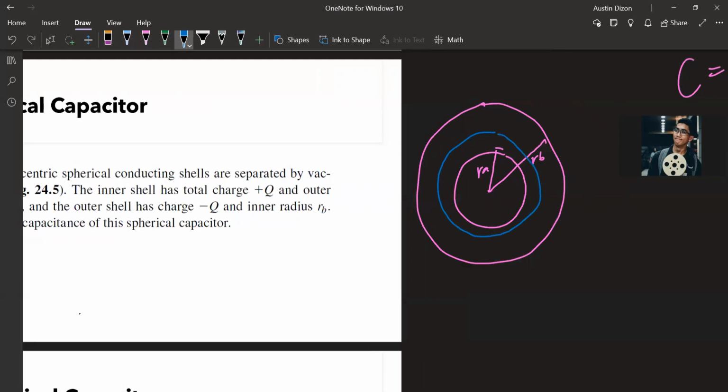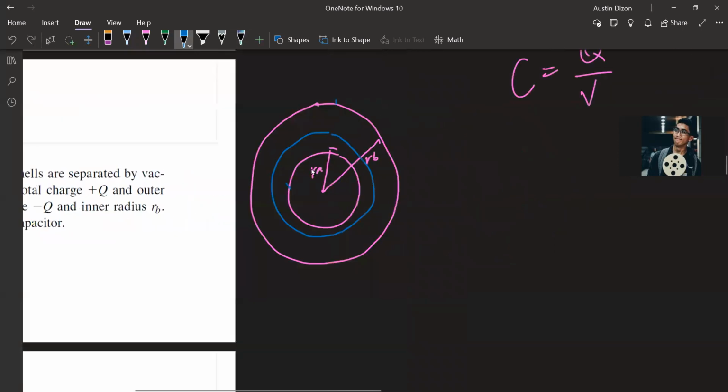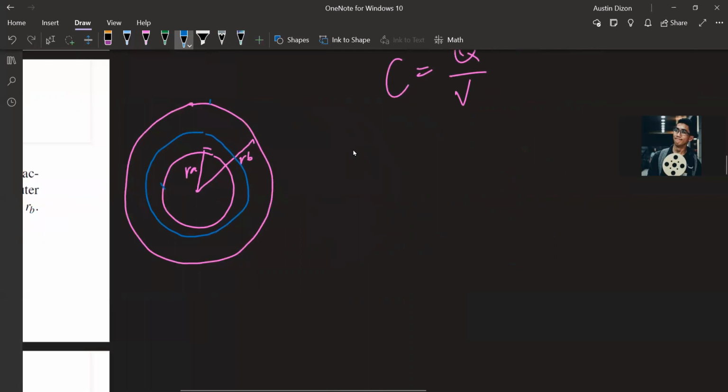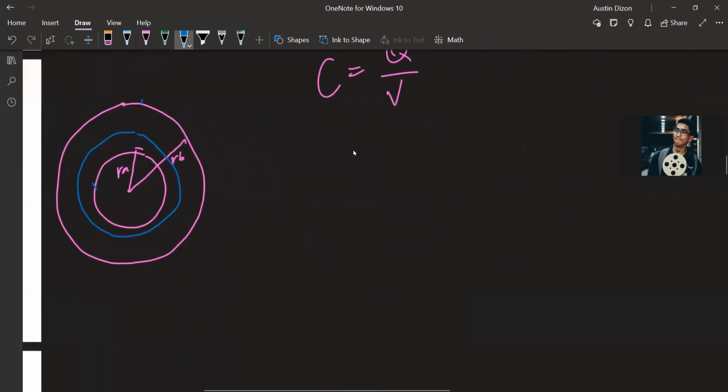Yung ma-enclose mo lang, syempre, nasa loob niya, hindi yung nasa labas. So, within these two concentric shells, only the inner shell has the contribution.